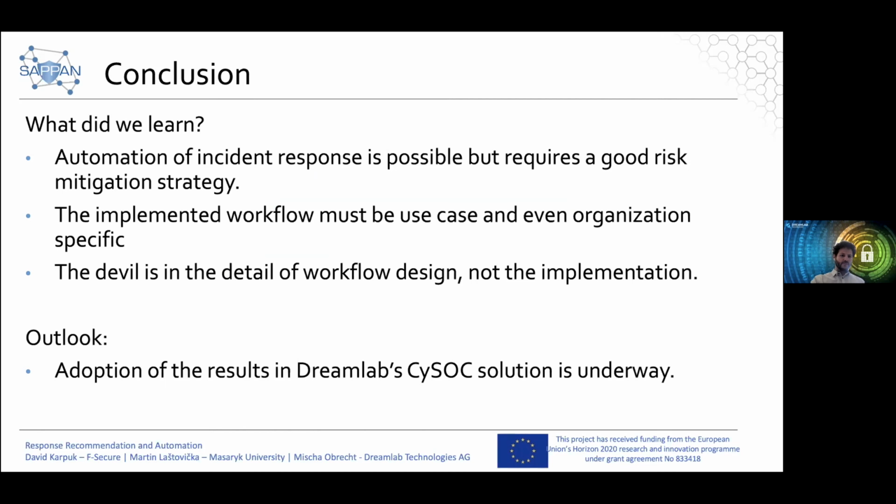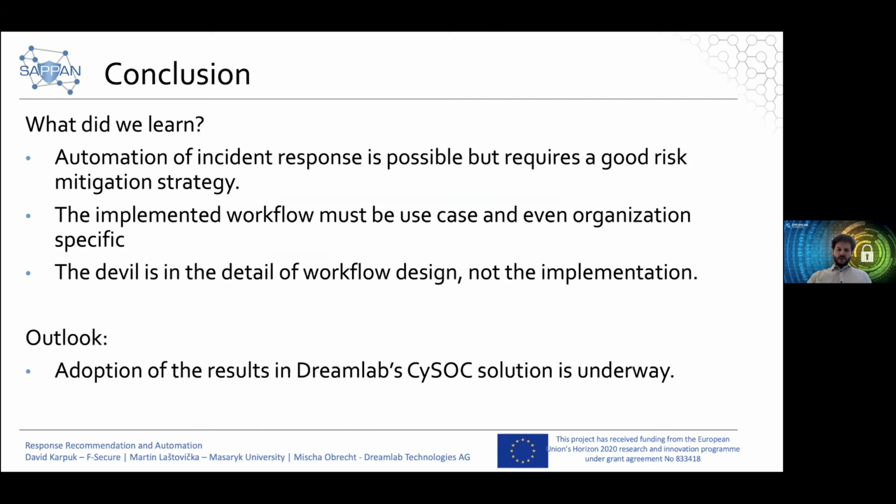The 3 most important ones are here. We can say that automating incident response in this way is really possible, but it does require a good risk mitigation strategy that I mentioned in the beginning. So you really don't want to do the wrong thing, and you also don't want to miss out on things that concern your critical IT infrastructure.